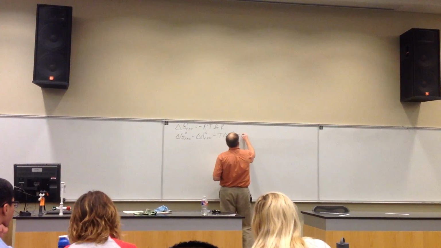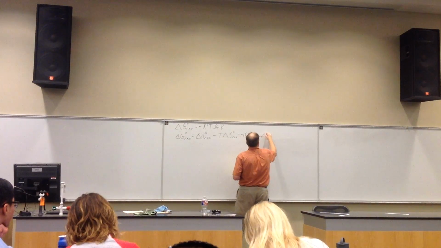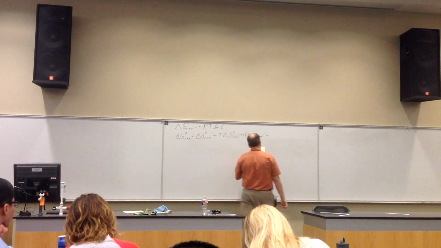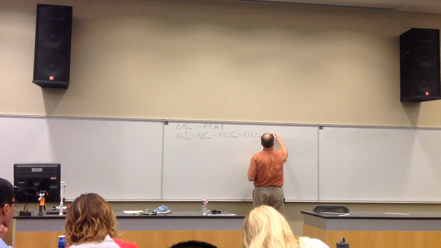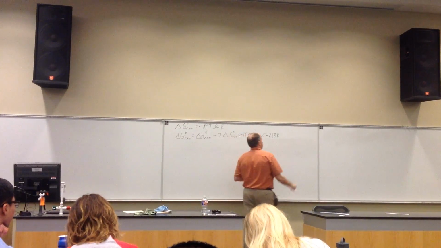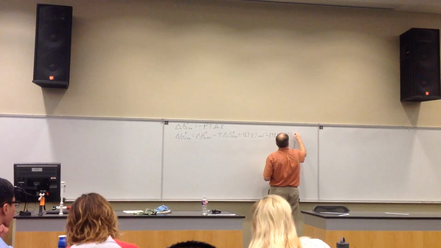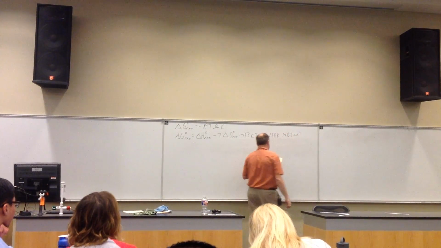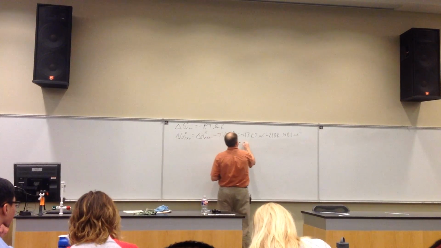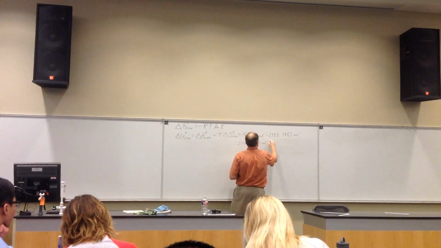So, delta H is minus 163 kilojoules per mole, minus my temperature, which is 25 degrees C. Let's just cheat and use 298 Kelvin. And then my delta S is 148 joules per mole per Kelvin. This is going to be minus 163. I'm going to go ahead and leave it in kilojoules per mole.